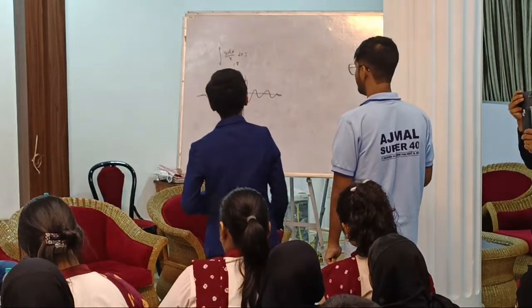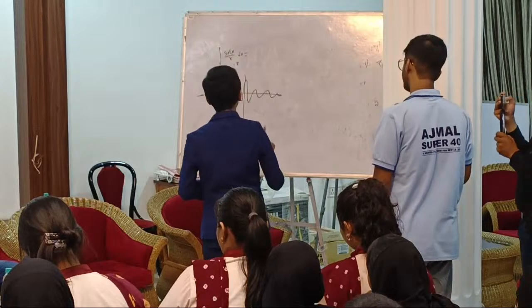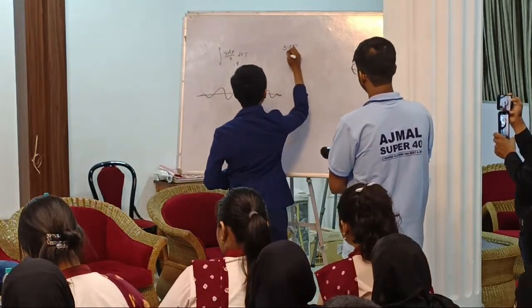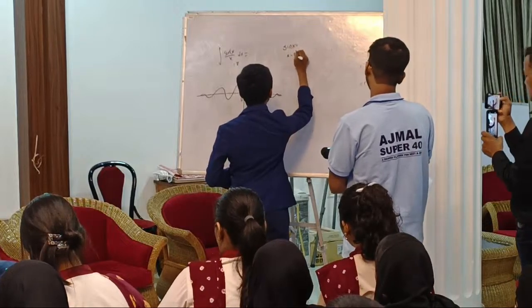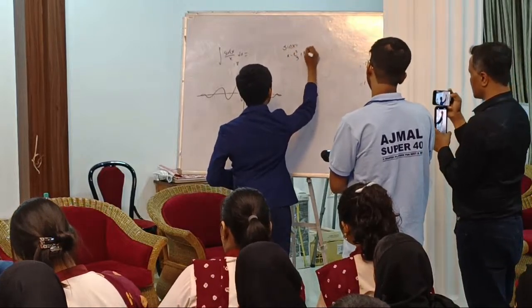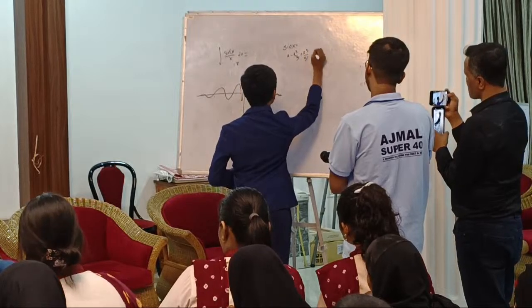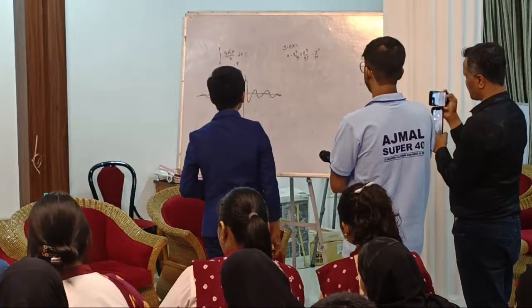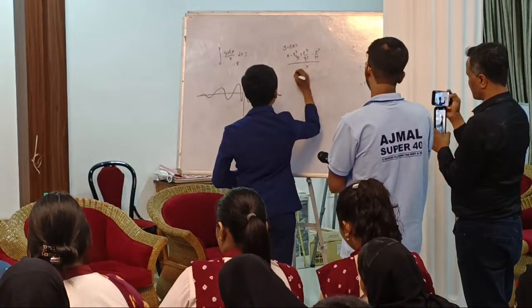Wait a second. Oh, yeah. Wait, I think I have an idea. The Taylor expansion of this is equal to x minus x cubed over 3 factorial plus x to the 5 over 5 factorial minus x to the 7 over 7 factorial, and so on and so forth. So what I'm going to do is just divide this by x.